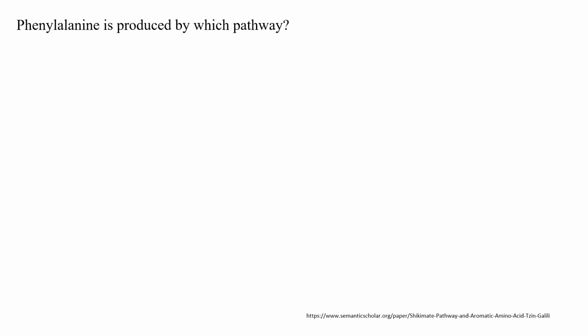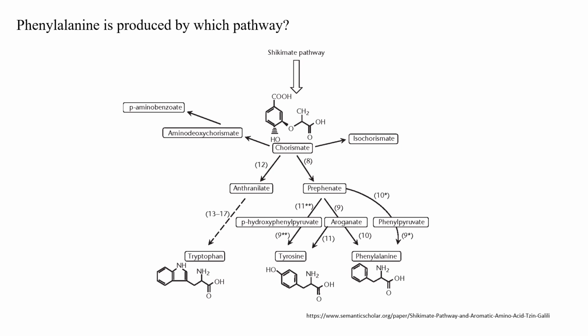Phenylalanine is produced by which pathway? The pathway involved in the production of phenylalanine is called the Shikimate Pathway. This pathway links metabolism of carbohydrates to biosynthesis of aromatic compounds.